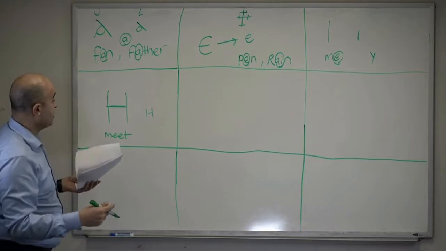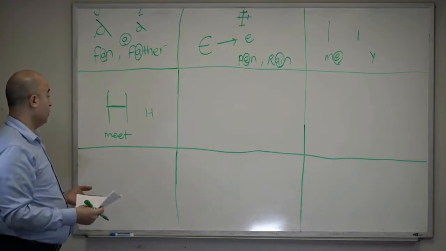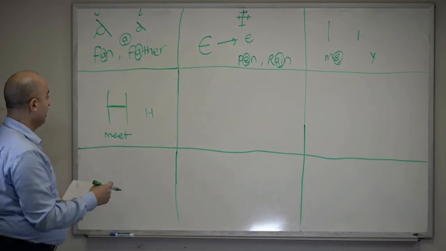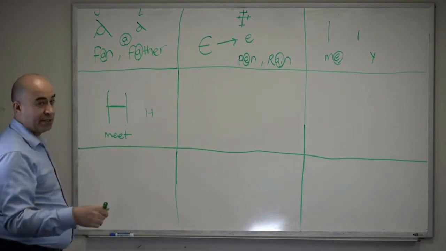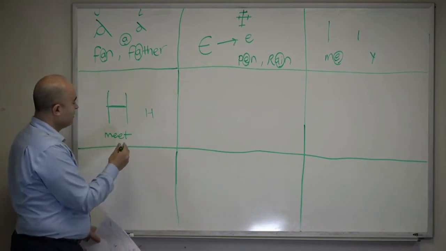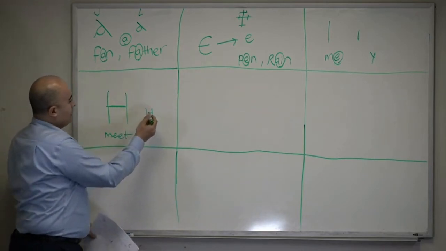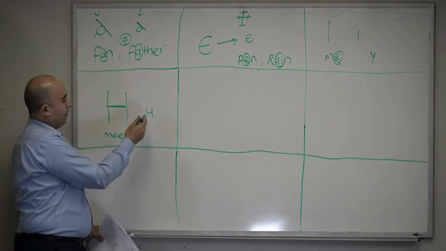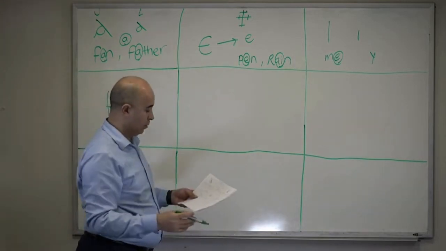But since we're doing this just to learn how to praise or sing in Coptic, while you're singing the hymns you're not really going to see the difference between the E sound of the eta and the iota. It's going to be almost the same.